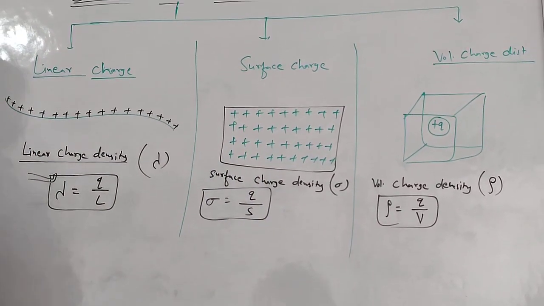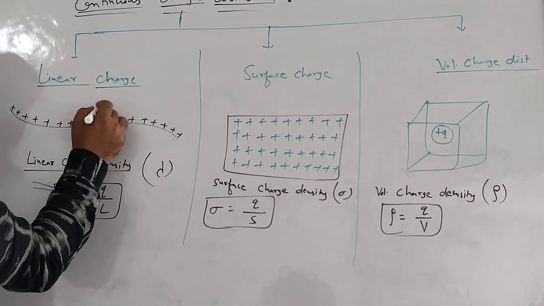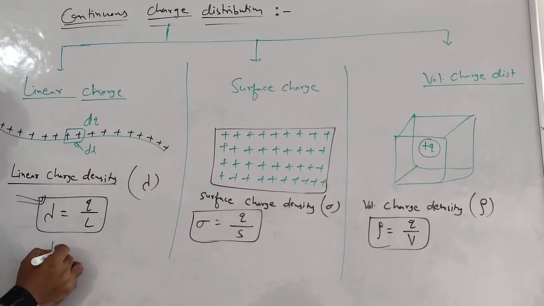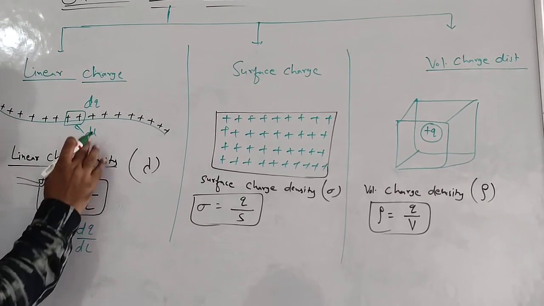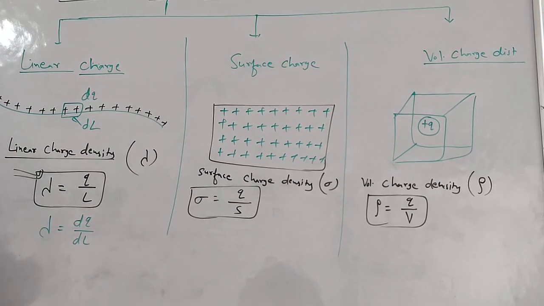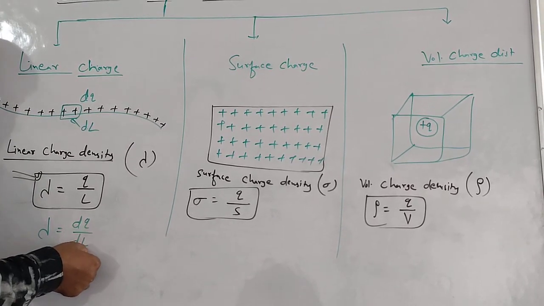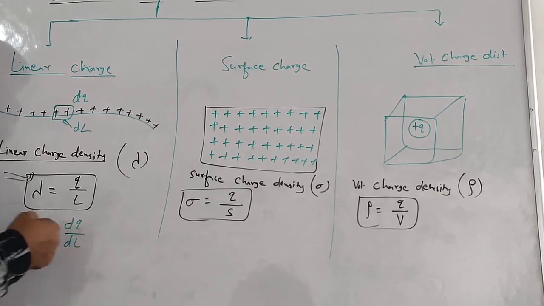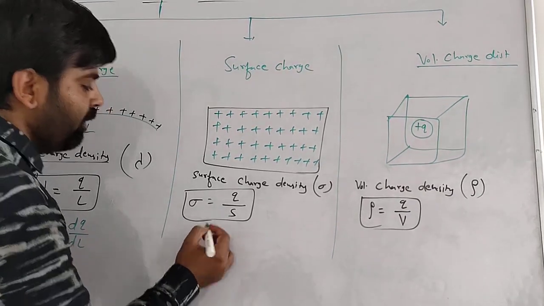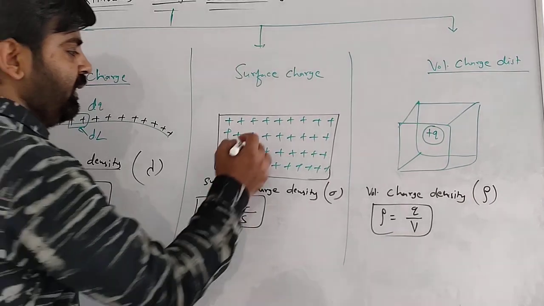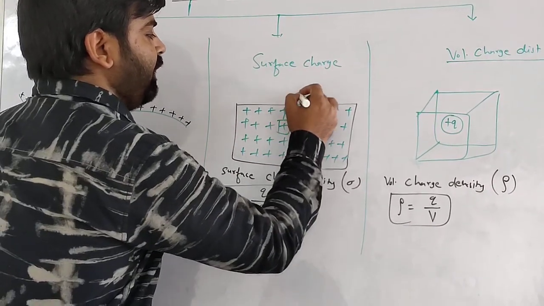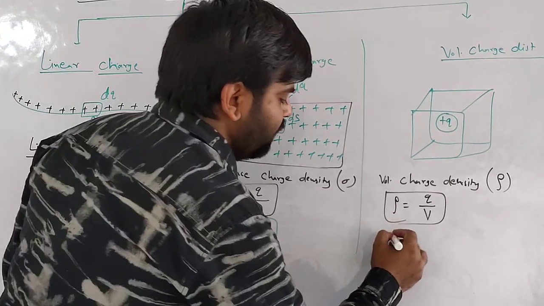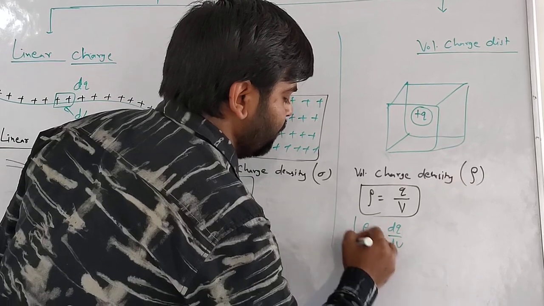If we consider a small charge dq which is distributed in a small length dl, then lambda is defined as dq upon dl. In the same way, for a small surface area ds with charge dq, sigma is defined as dq upon ds, and in the same way rho is equal to dq upon dv.